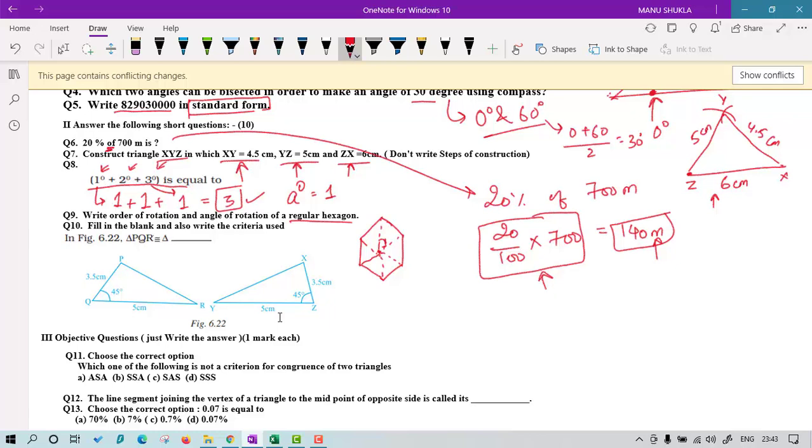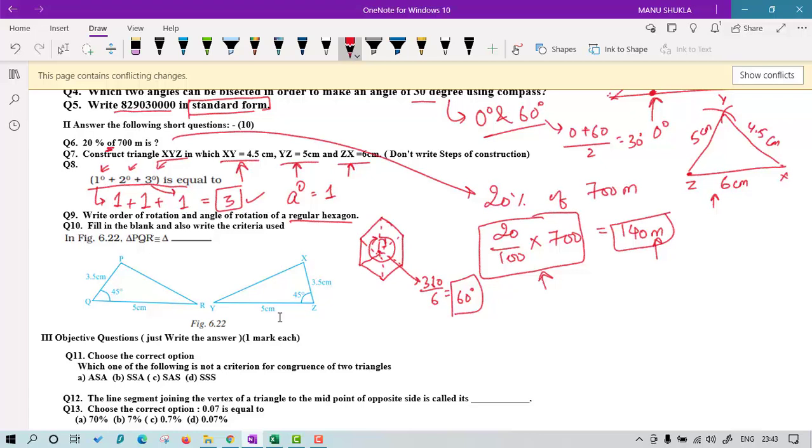So there are 6 possible order. And what about the angle? We all know the complete angle is 360 degree, and there are 6 possibilities. So we will just divide 360 upon 6. The answer is 60 degree. So if you rotate this given hexagon by 60 degree, you will get the same hexagon back.